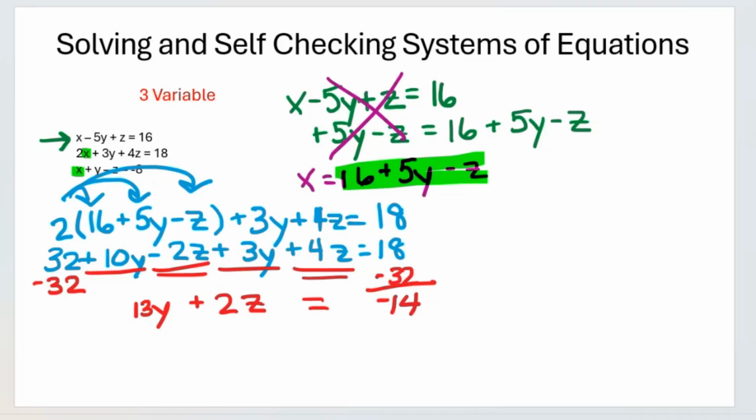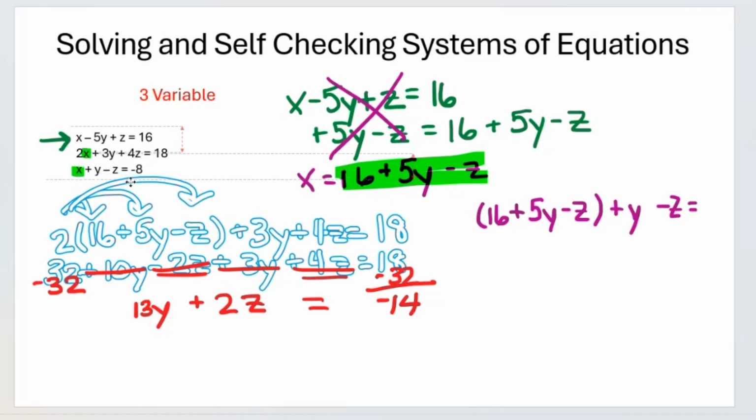And I'm going to do a similar process with the third problem here. All right, so it was x, so that's just going to be 16 plus 5y minus z plus y minus z equaling, I think that is negative 8, but I'll just move my arrow just to make sure. Negative 8.